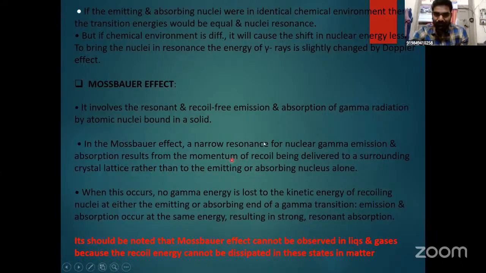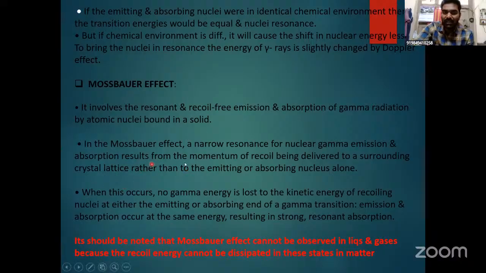So there will be nuclear resonance between the emission and absorption of this gamma radiation, with the momentum of recoil delivered to the surrounding crystal lattice. The nucleus doesn't take the recoil itself; it is delivered to the crystal lattice.